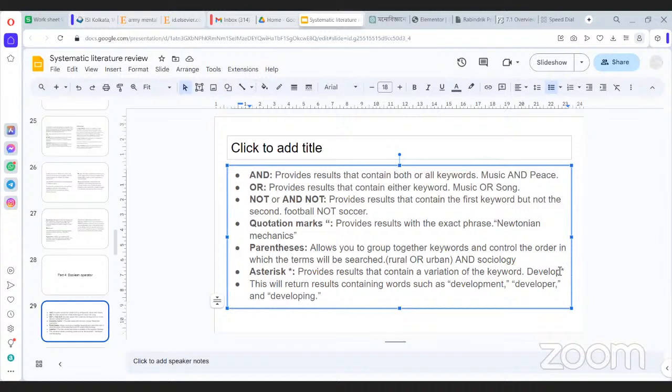You will get many things if you use the star command. Now is it clear? Yes, sir. Okay.